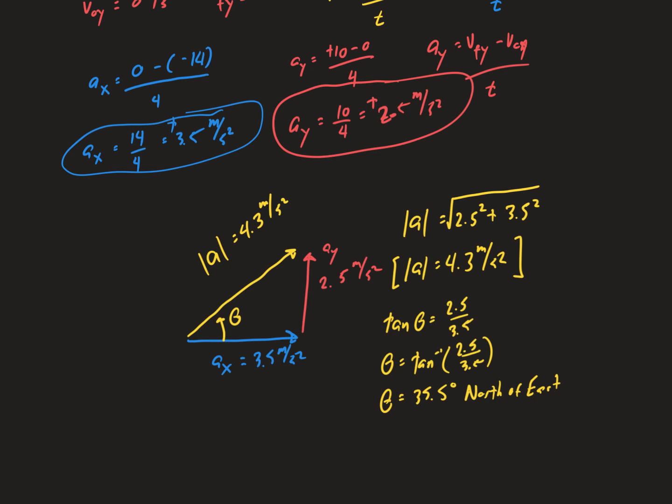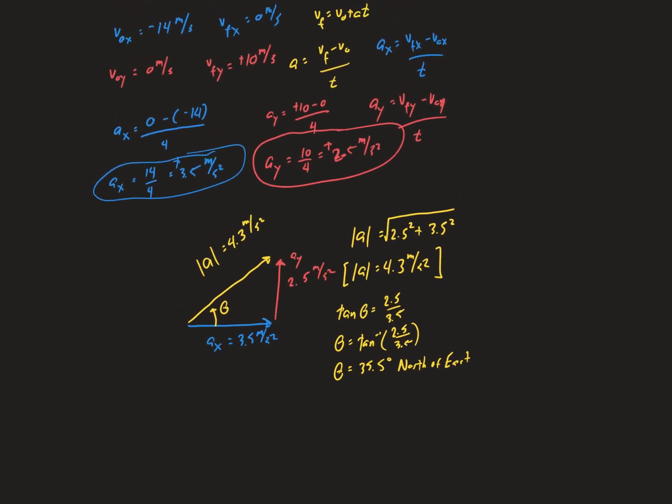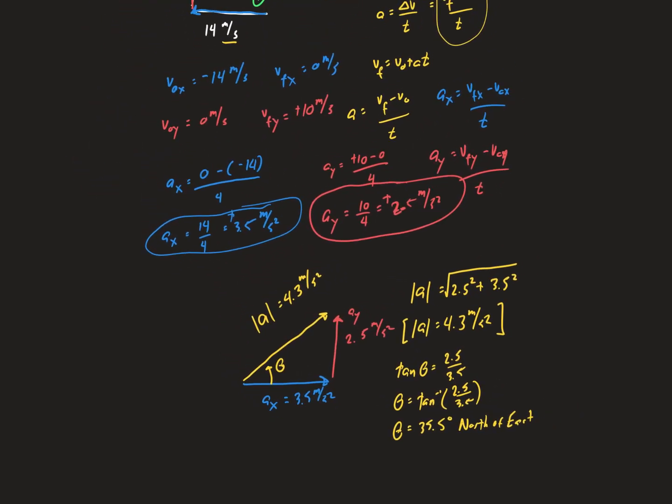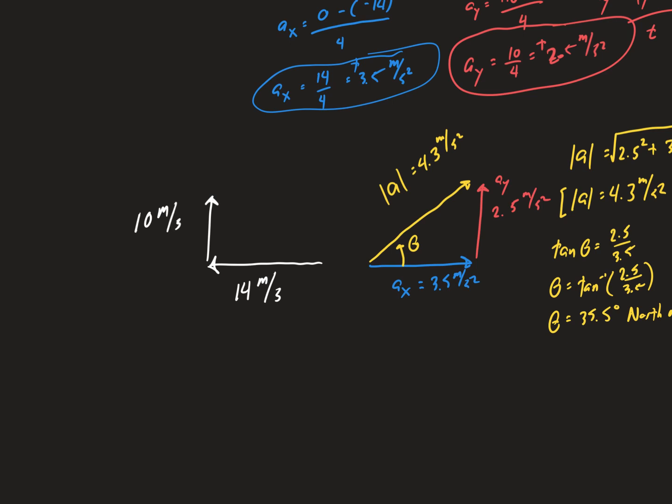So what's interesting is comparing that to my initial velocity vector. Remember, I had a velocity going this way at 14 meters per second. I wanted to sketch that in white, sorry about that. So I have this velocity vector pointing this direction here.